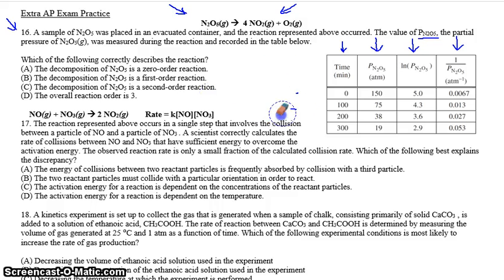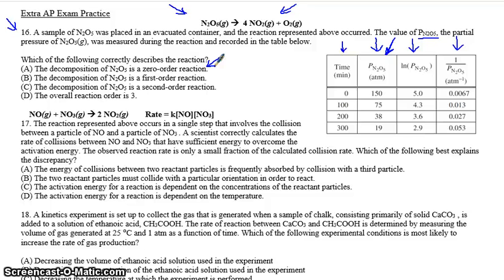So they want you to graph, and recall that if you get a straight line, that is when you can figure out what type of order it is. If you get a straight line with just the pressure without doing anything to it, you've got a zero order reaction, because as the reaction proceeds, the rate does not change, which means the concentration is not affecting the rate.